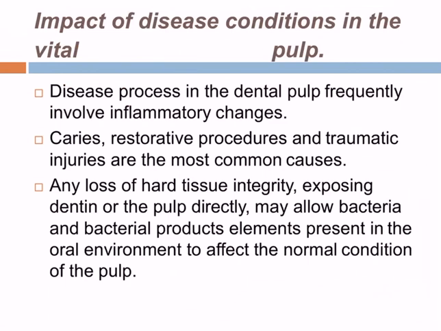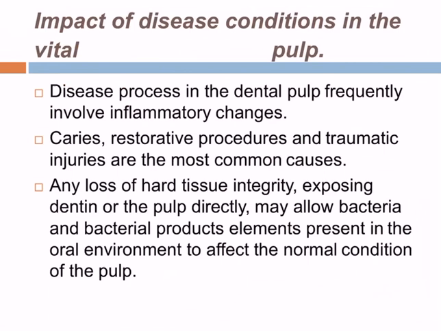Now, any loss of hard tissue integrity exposing dentine or the pulp directly may allow bacteria and bacterial products present in the oral environment to affect the normal condition of the pulp. If the dentine and pulp are exposed, the bacterial products can reach the pulp.